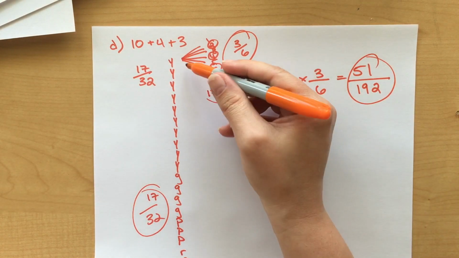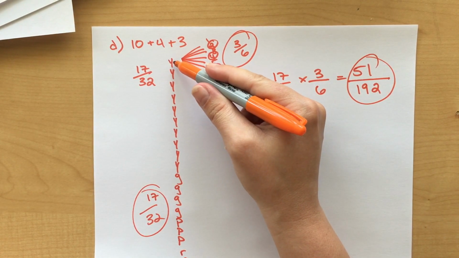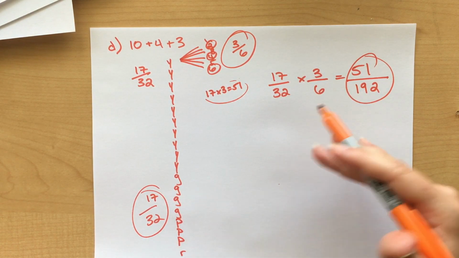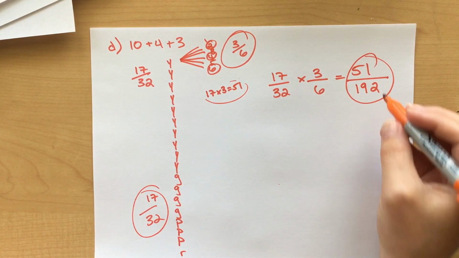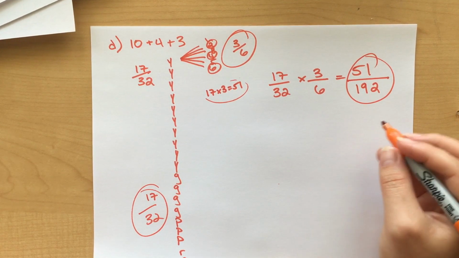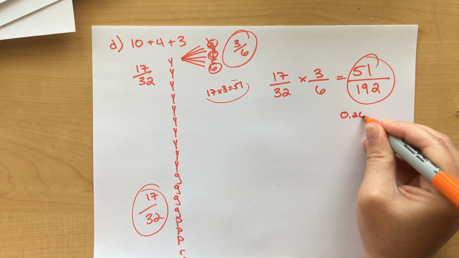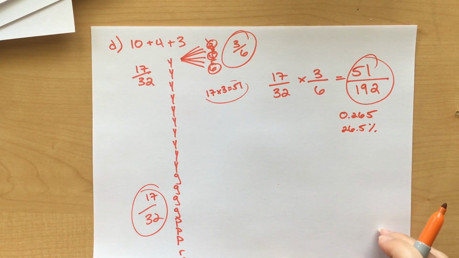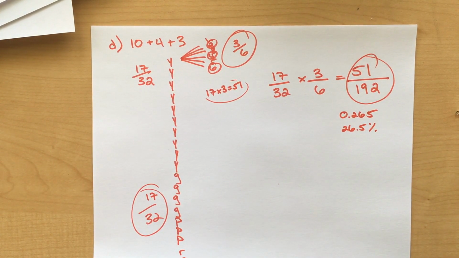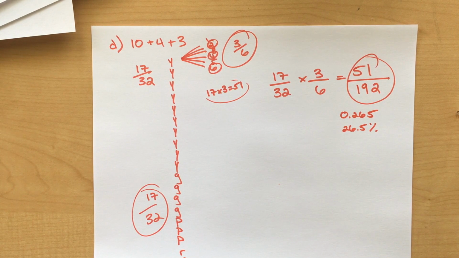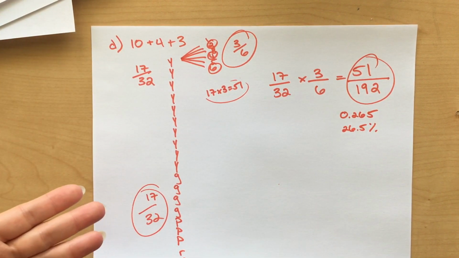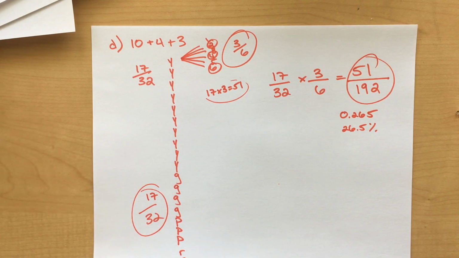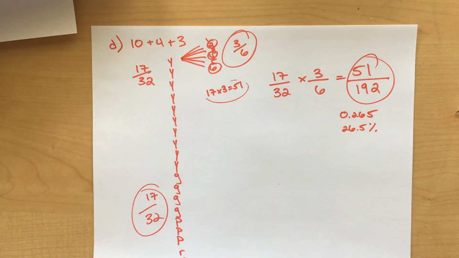For me to get a marble that has 5 or more letters in its name, and then to roll a die and get an even number, those things happen consecutively. We got to figure that out. So that's that 51 out of 192. It could equal the decimal, or it could equal the percent. Okay, but here's your probability of getting the marble with 5 or more letters in its name, and then rolling an even number on a die, 51 out of 192.